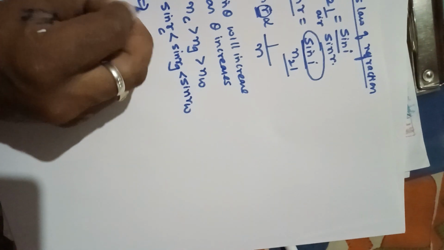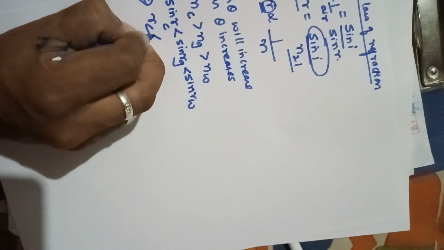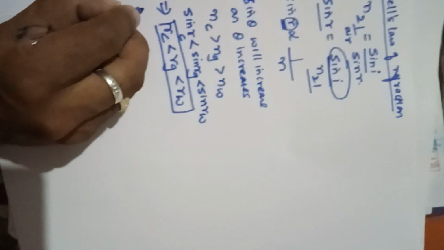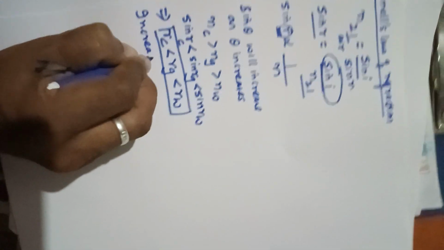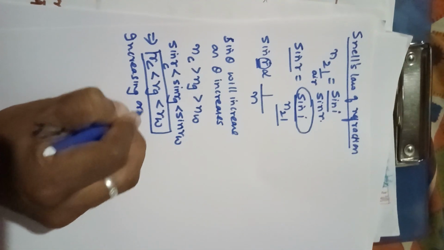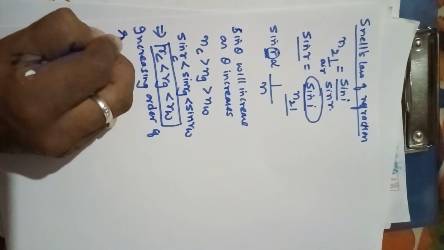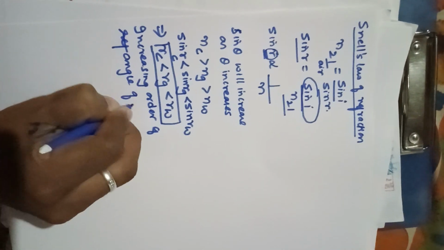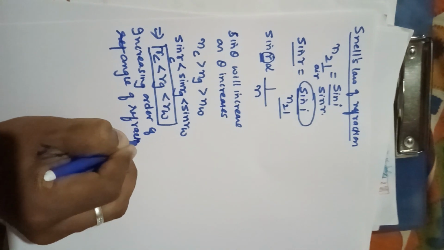From this again I can write rc is less than rg is less than rw. In this way also we can determine the increasing order of angle of refraction in the three media.